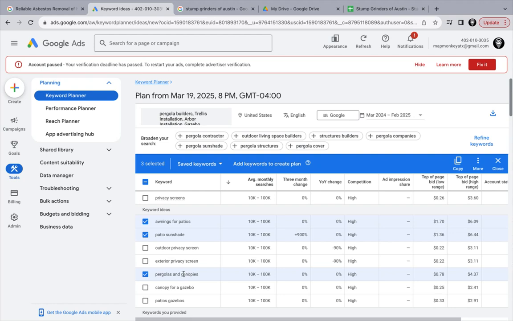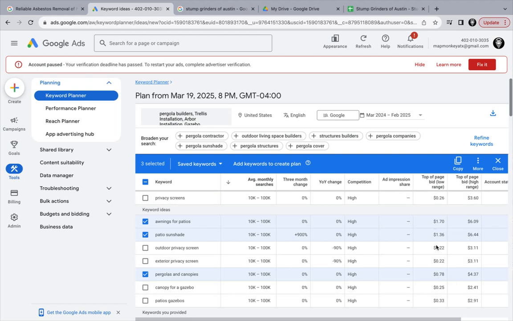And I really like the fact that it has another keyword in there. What a great business name that could be anyway, like Red Leaf Pergolas and Canopies, or Kyle's Pergolas and Canopies. Great, it's a tagline.